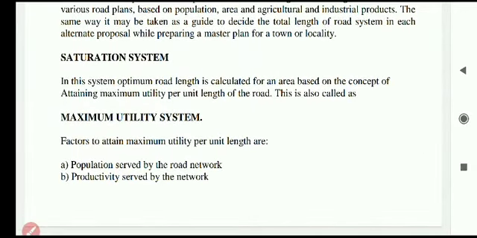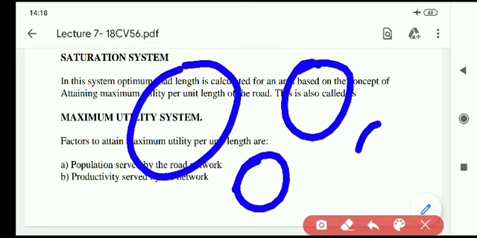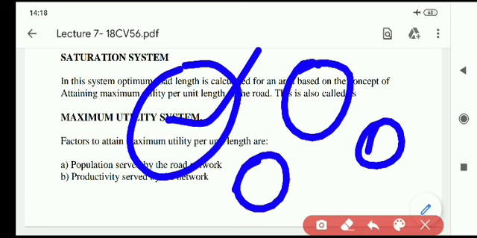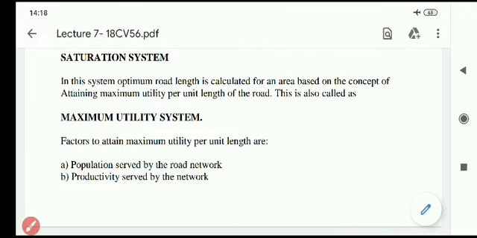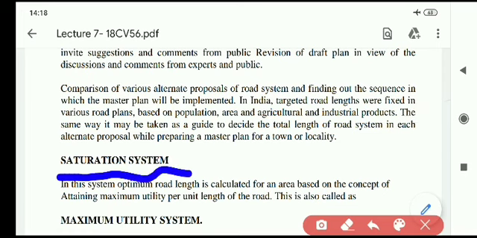Friends, anyhow, at last we are going to use any one of the proposals based upon the priority. On this concept, we'll solve the problem. After that only, we'll get to know the saturation system concept, because by theory it is a bit complicated to understand, as the whole concept mainly depends upon the utility unit only.